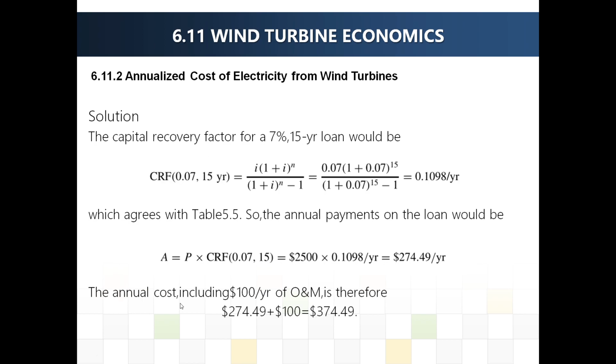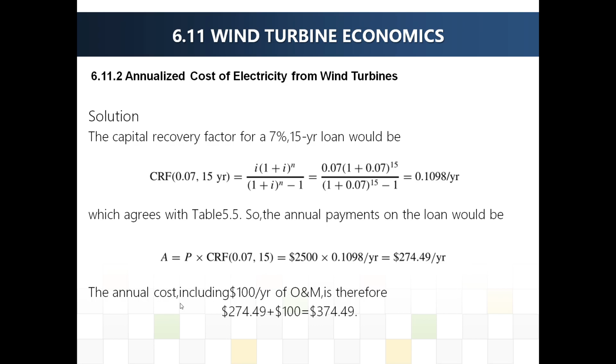First, the capital recovery factor for a 7% 15-year loan we can obtain from the table or by using the equation to calculate. The capital recovery factor is 0.1098 per year.